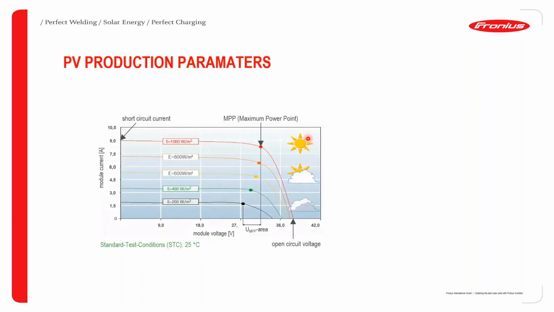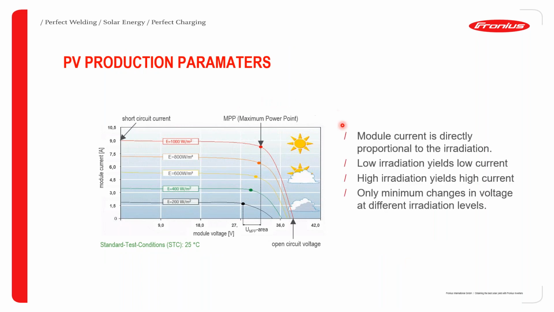So let's now look at the PV production parameters. In this case, it is worthy of note that the module current is directly proportional to the irradiation. This means that low irradiation yields low current, and high irradiation yields high current. So what are we saying?